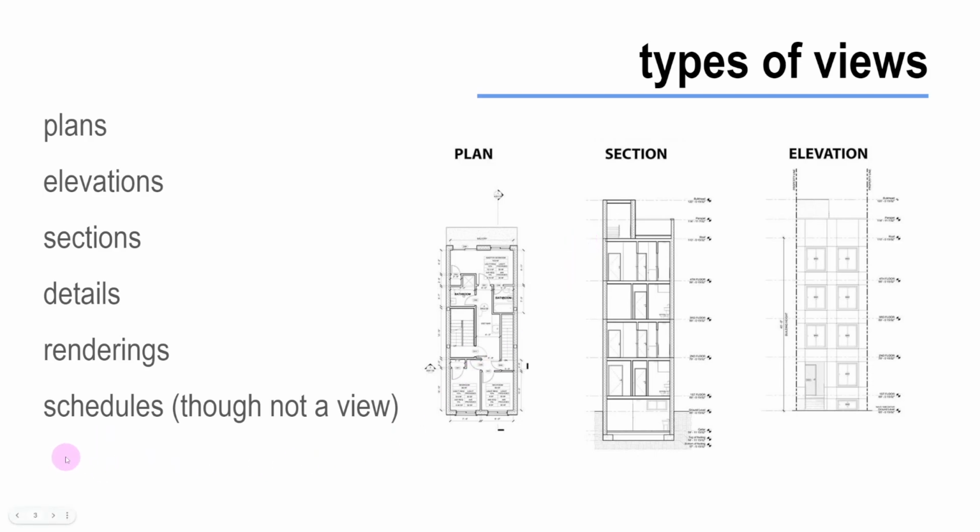And then another thing you'll see in a set of drawings would be things like schedules, though those are not a view, so it's not a drawing. It is just a tabulated chart to help define all of the different components that are being inserted or used in the building itself.